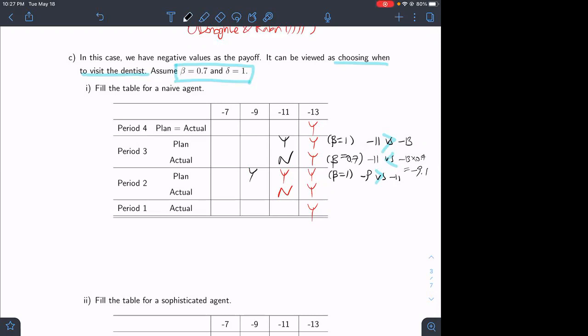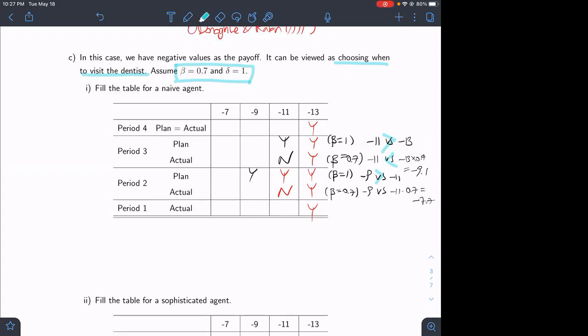And then if this was not a plan, the actual choice, we are comparing -9 versus, he's thinking that he's gonna visit the dentist in period 3, okay? So it should be -11 times 0.7, which is -7.7.